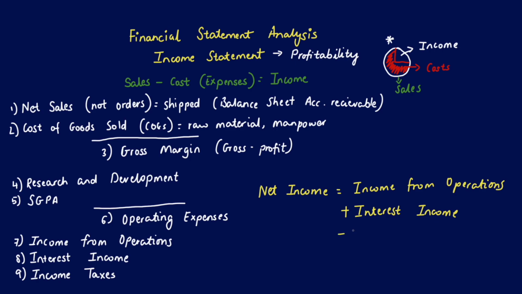Then you deduct any income tax, because that component is money going out of your pocket or your bank account, so to speak. That should give you your net income. Just as a reminder, net sales is how much you've sold, and net income is how much you've made.